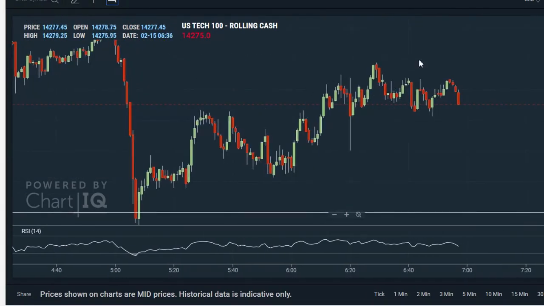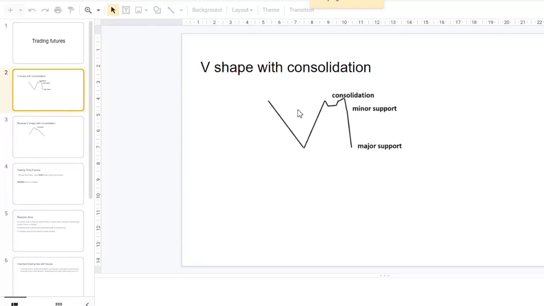And then a consolidation period, we said, just like this presentation. We have a drop. My major support has been hit. Now we have a consolidation area after spiking back up. The consolidation area is where you really want to look at entering a trade, right?